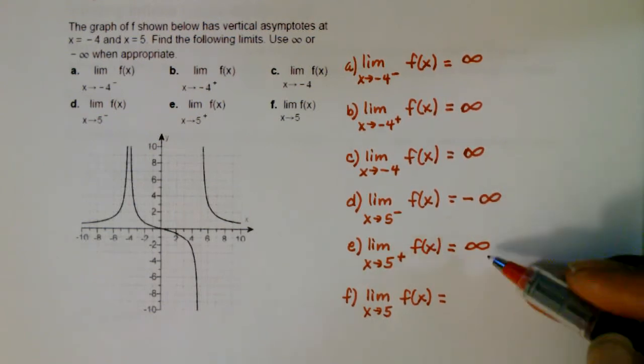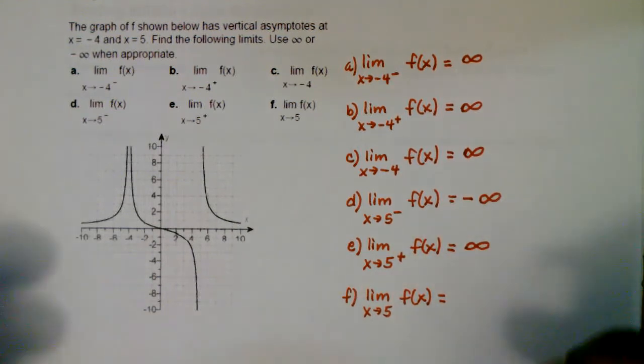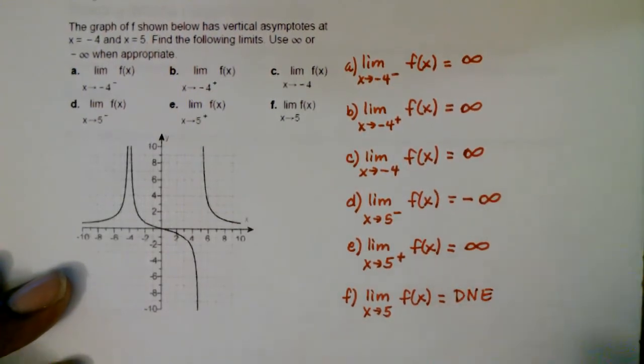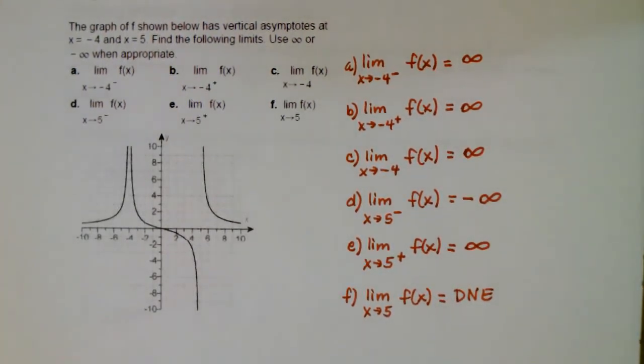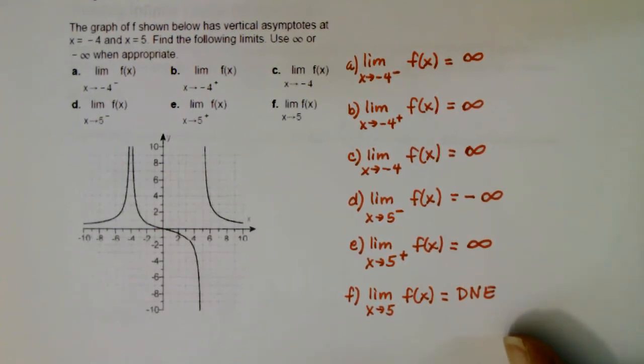It's going to two different places. So that means the limit as x approaches 5 of f of x does not exist. Okay. That's how we use graphs to deal with infinite limits.